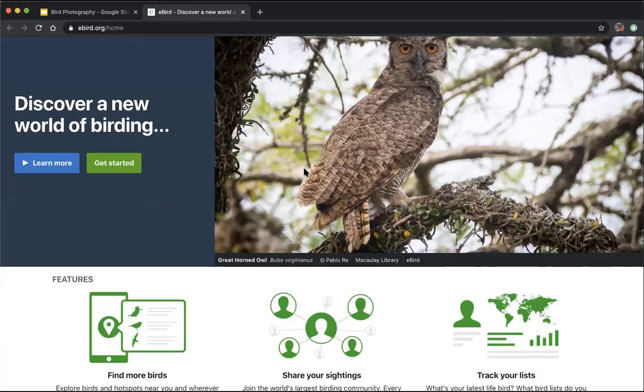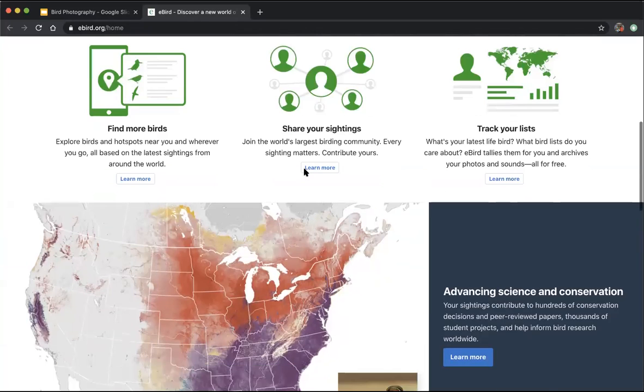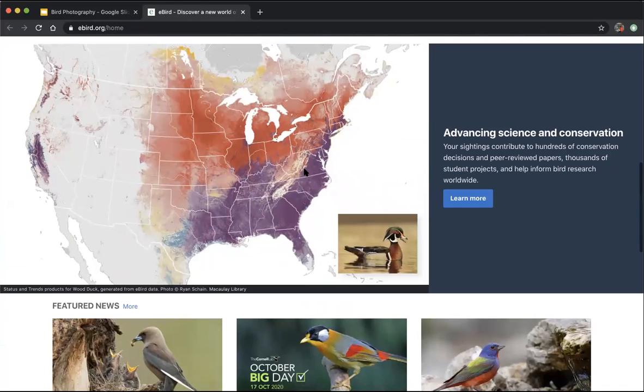So this is a website where you can go and get an account. It's free, and then you can get an app for your cell phone. Typically, there are a couple of different ways it gets used.